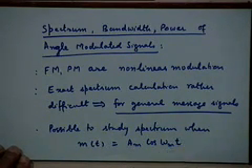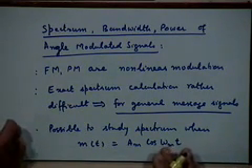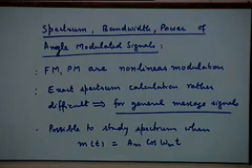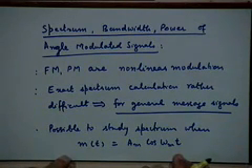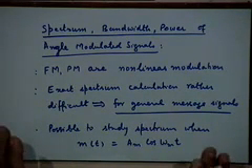This is a very, very simplistic form of the message signal, but by understanding this we understand a lot about what happens to the spectrum of the FM signal. So we will first try to study the behavior of the spectrum of the FM signal or the PM signal when the modulating signal has a simple form. We know that in general the modulating signal will not be of this kind.